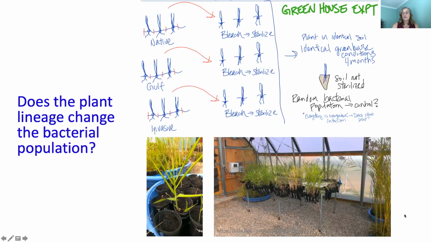Another example, here's how I've drawn out the greenhouse experiment. So taking all three of the different species, the different lineages of plants, removing all of the microbes from their roots and planting them into soil. Soil has not been sterilized, the soil that would have the same bacteria in every pot. And then you put in the plant and see how that might change the bacterial population from where it started.